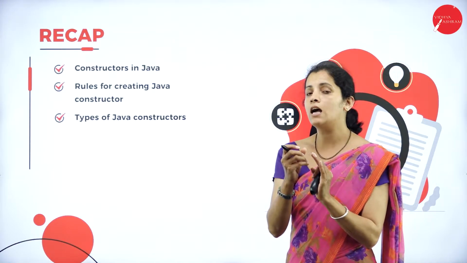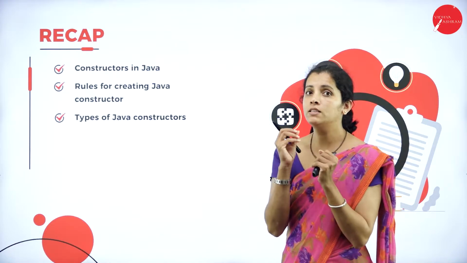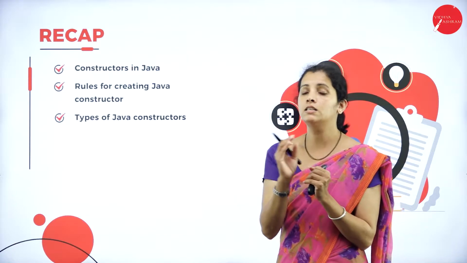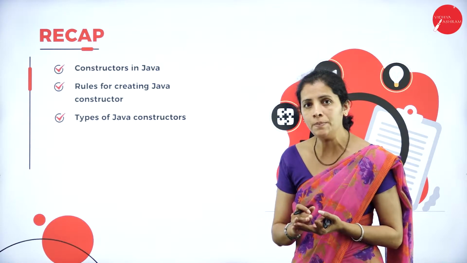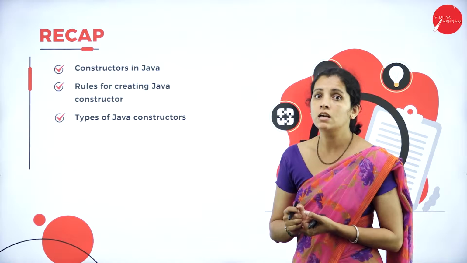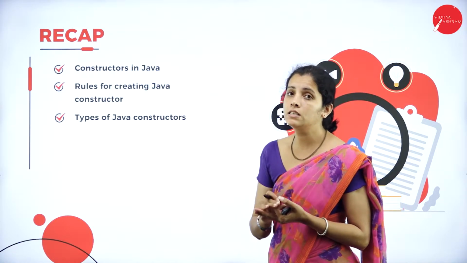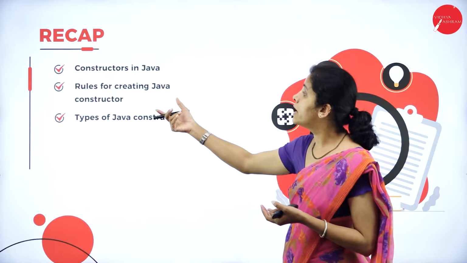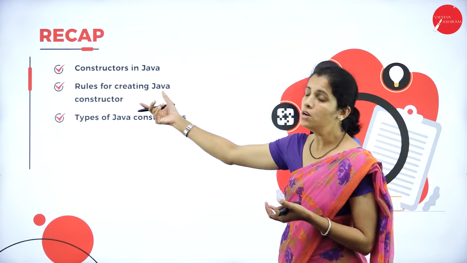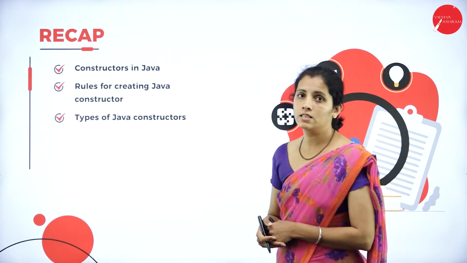Constructors are nothing but methods, but what is the difference here? A constructor does not have any return type and its name must be the same as the class name. Along with that, I discussed some of the rules to follow while defining a constructor.